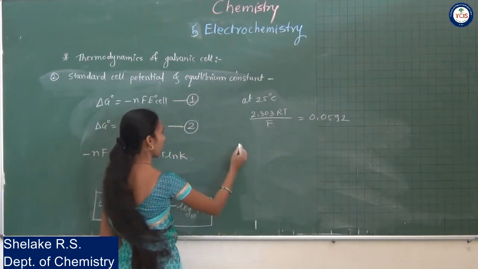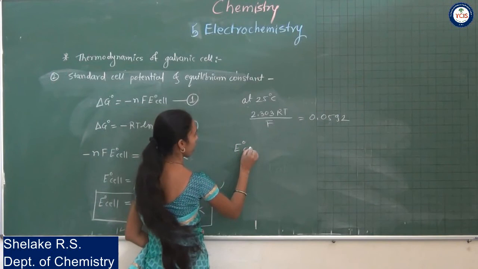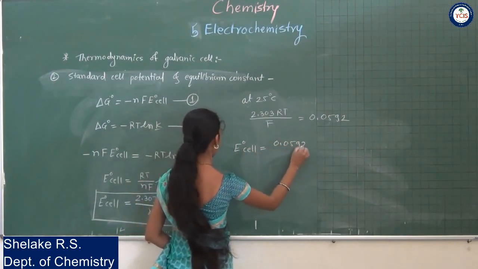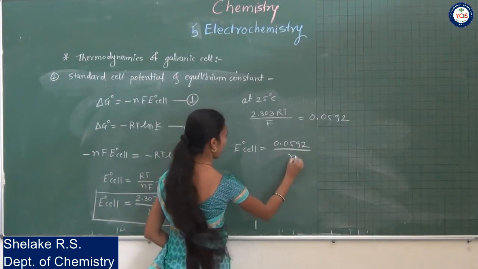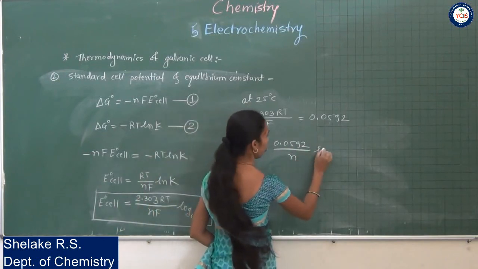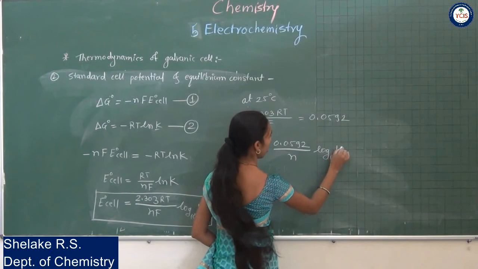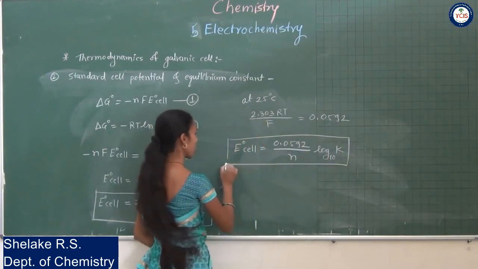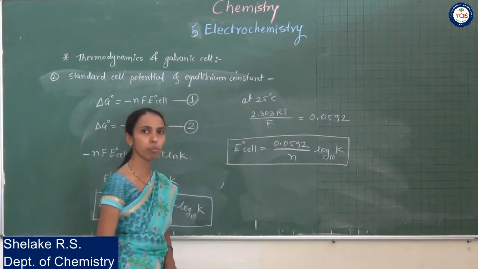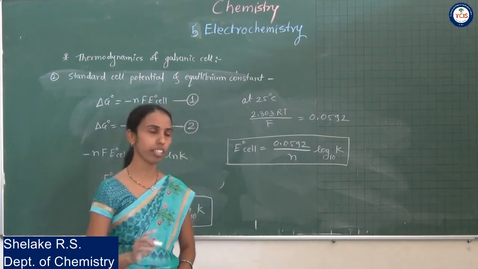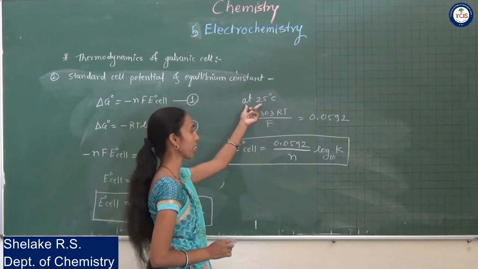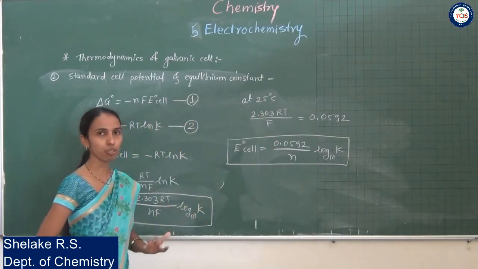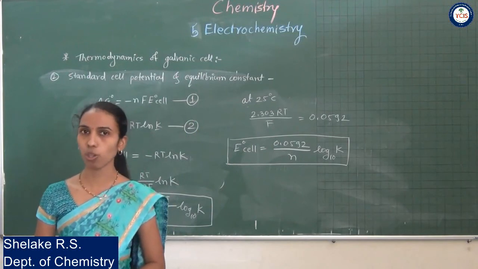Okay, so this formula will be converted as E0 cell is equal to 0.0592 divided by n into log to the base 10 K. So this is the relation between standard cell potential and equilibrium constant at 25 degrees Celsius. हा particularly 25 degrees Celsius साठीचा formula आहे. This formula generally you can use for any value of temperature.